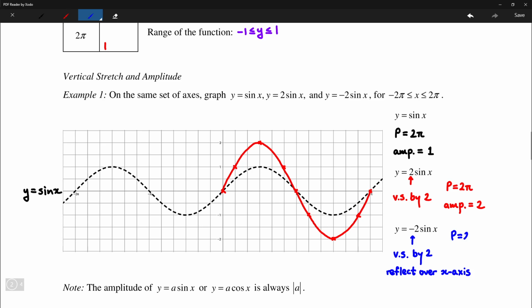We did not do anything to change the period, but the amplitude is still going to be 2. It's not going to be negative 2, since amplitudes are always positive. It's just the distance between the center line and the maximum or minimum value. Okay, so again, if we were to graph a single period of this graph, this is what it would look like.